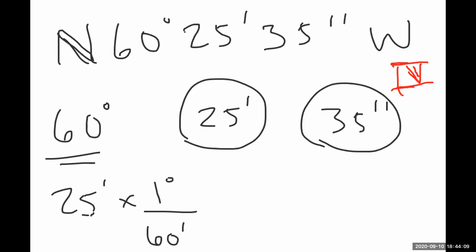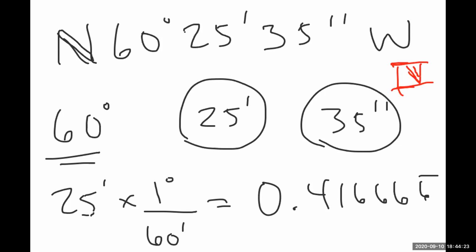0.416666, continues. Whenever you're converting bearings to azimuth, always go to at least the 6th decimal place and then round at the end.